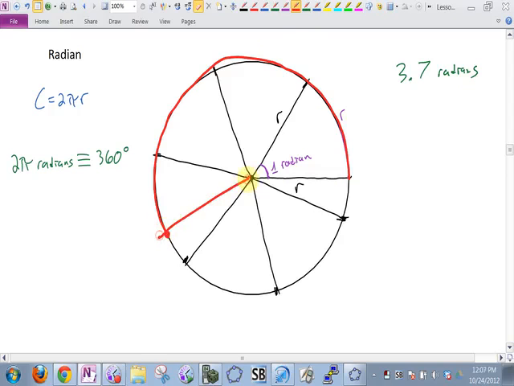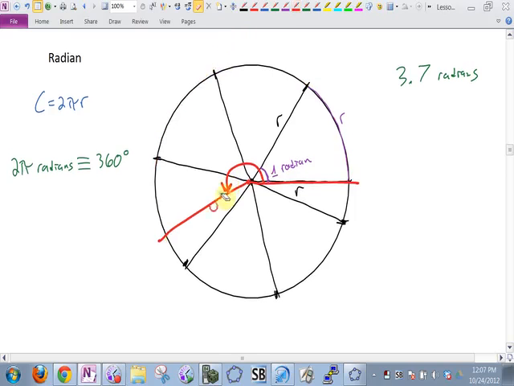So that angle right there would be what 3.7 radians looks like. Does that make sense? Okay. So that's important to think about and understand how the radian measure of an angle has a direct relationship with arc length and circumference.